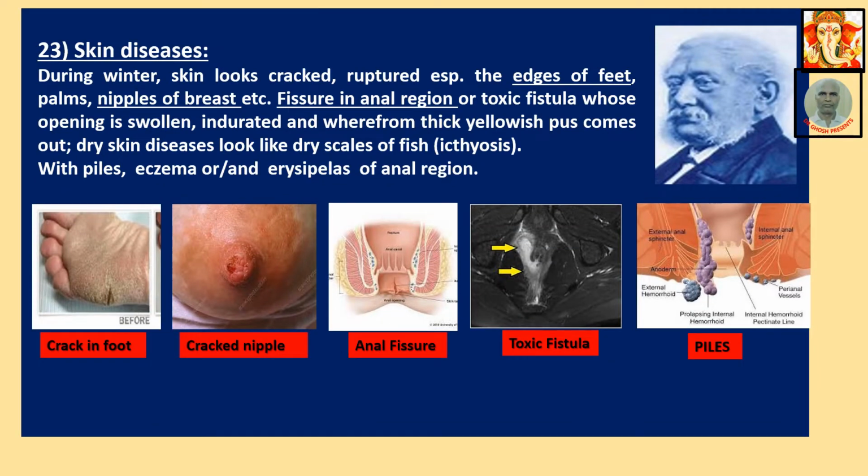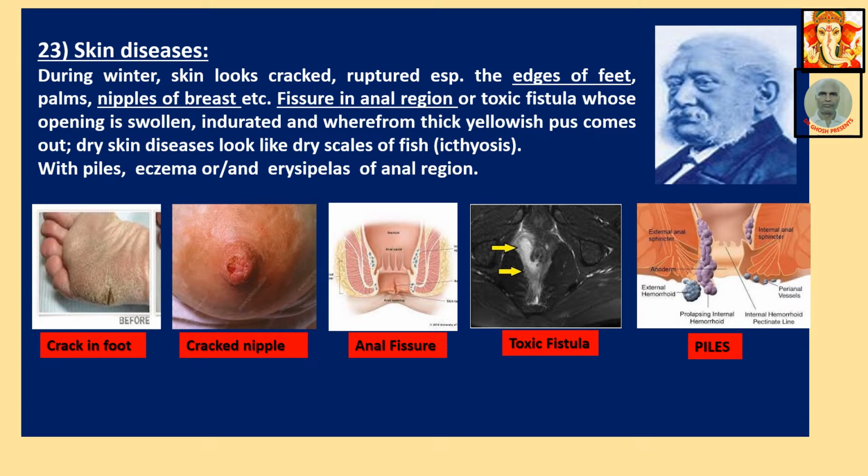Chronic skin diseases. During winter, skin looks cracked, ruptured, especially the edges of the feet, palms, nipples of the breast, etc. Fissures in the anal region, toxic fistula whose opening is swollen, indurated, and from which thick yellowish pus comes out. Dry skin diseases look like dry scales of fish.